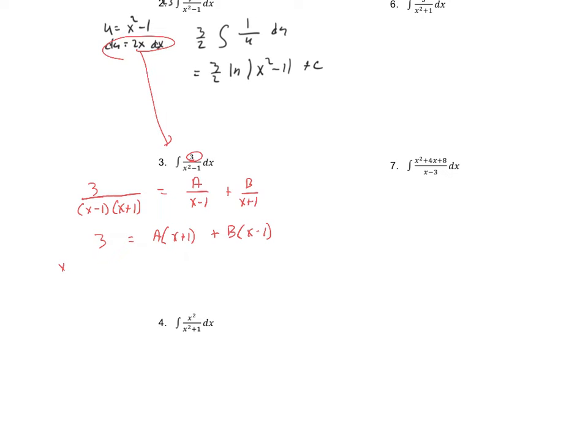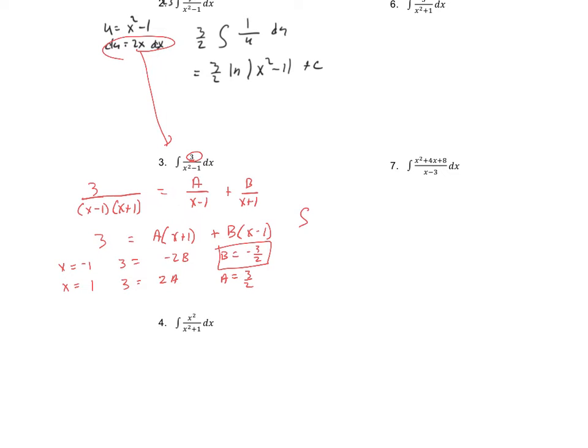Okay, so then if x equals negative 1, then we have 3 equals negative 2b. So then b is equal to negative 3 over 2. If x is equal to a positive 1, then we have 3 is 2a. So then a is 3 over 2.